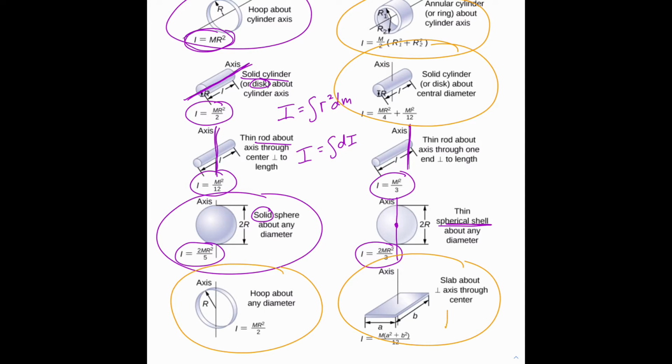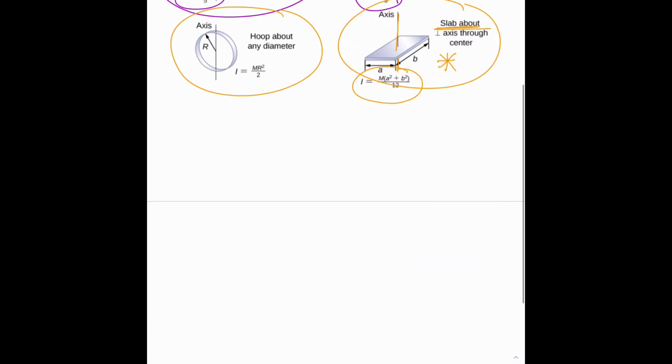I would probably leave it up to you as a good exercise or practice to try to verify the formula for a slab rotated about an axis passing through its center. But this is the lesson for today, a solid sphere about an axis passing through its center. So in this case, we'll start with I equals the integral of di.